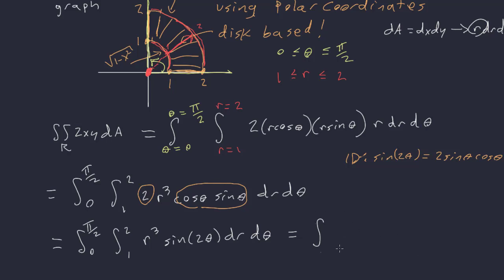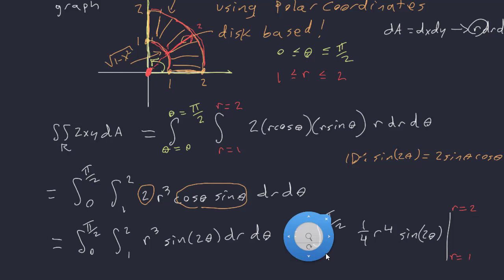Then from here, we'll do 0 to pi over 2, and now we'll integrate with respect to r to get 1/4 r to the 4th times sine of 2 theta, and we'll be plugging in r equals 1 and r equals 2.